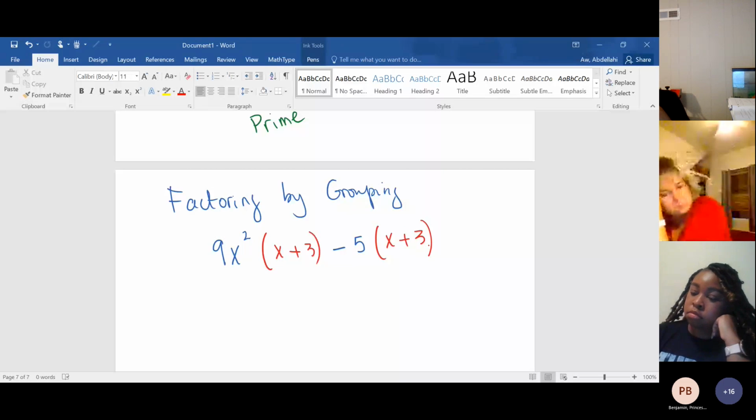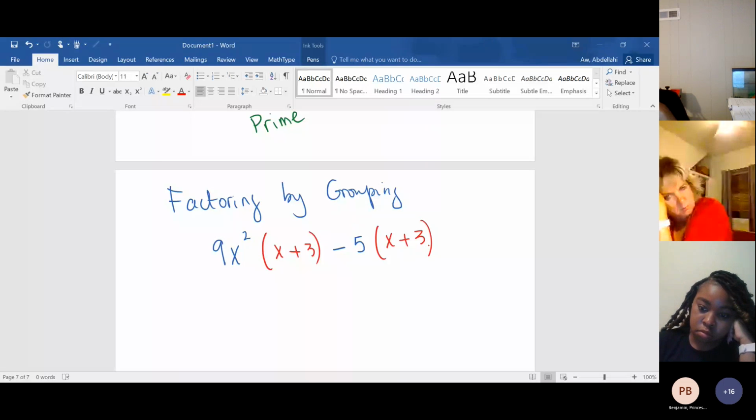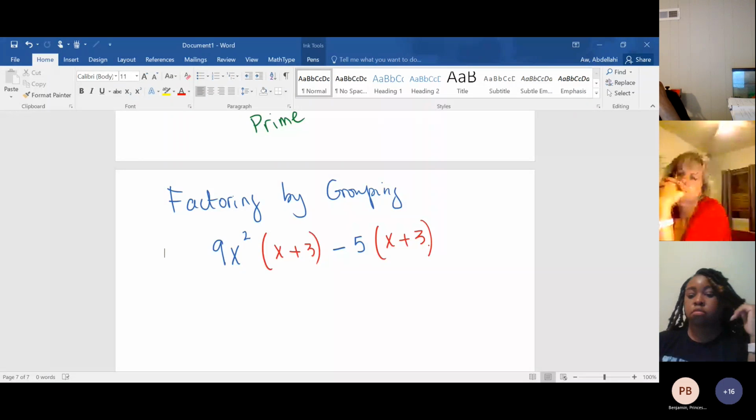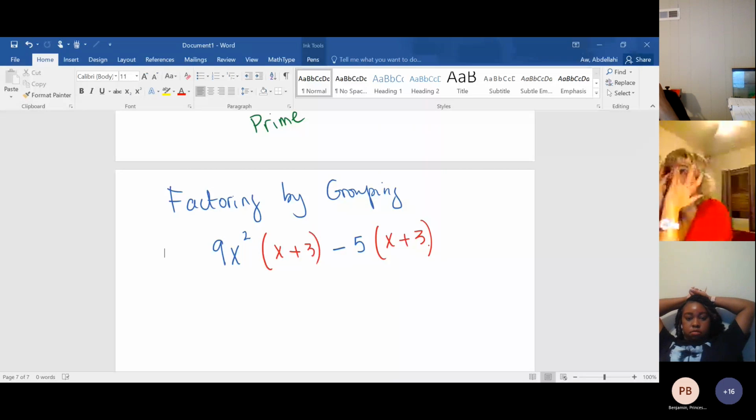Anything that is common, you can factor it out, right? It doesn't matter if it is a single number, a regular expression, or a whole parenthesis. If it is common, you can go ahead and factor it out. So we're going to factor out the x plus 3 then.